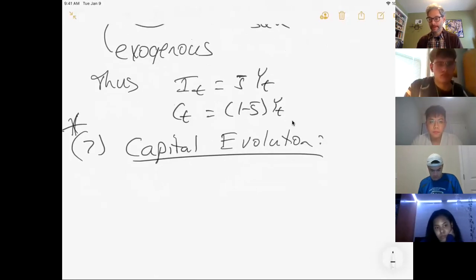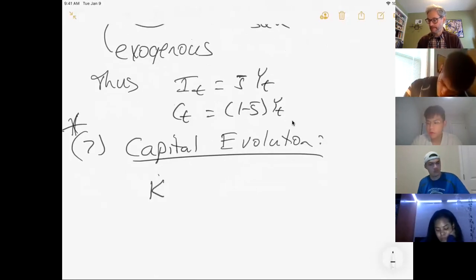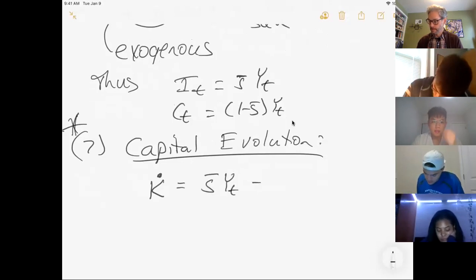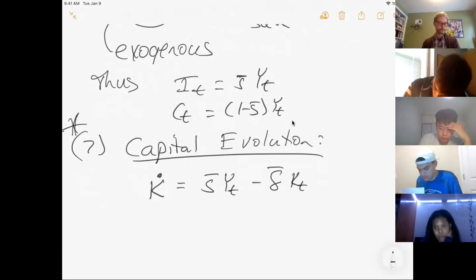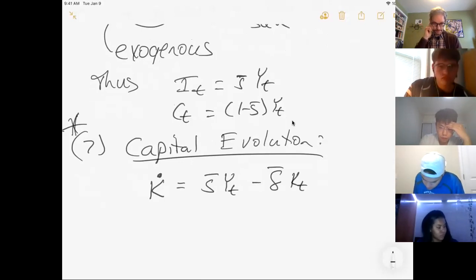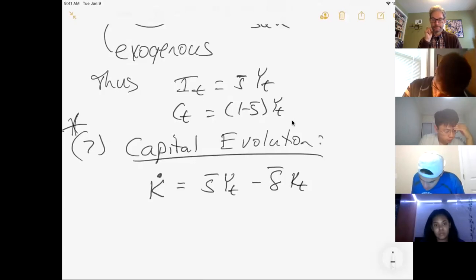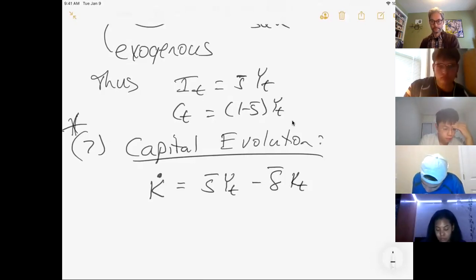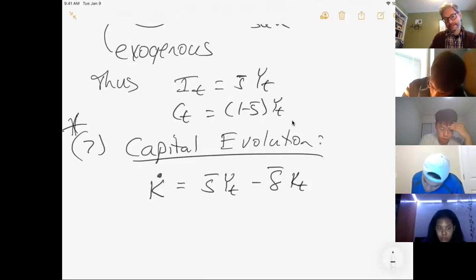The assumption we make is, I think, actually pretty intuitive. We're going to assume that this describes the evolution of capital: K dot is equal to S bar times Y minus delta bar times K.